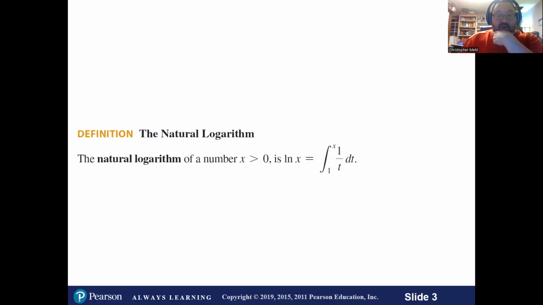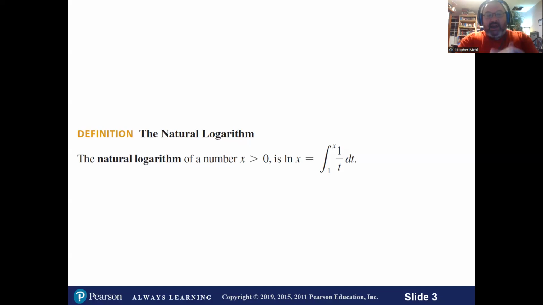Okay, so let's start with the natural logarithm. And we defined it a couple of ways. Mainly, we defined it as the inverse of the exponential function. But another definition of the natural logarithm is to define it as an integral function, that is, a function that is defined in terms of an integral.